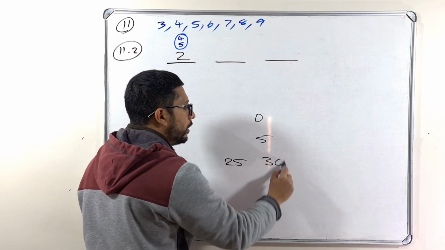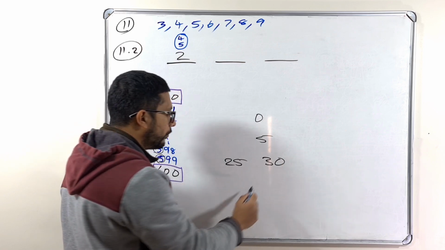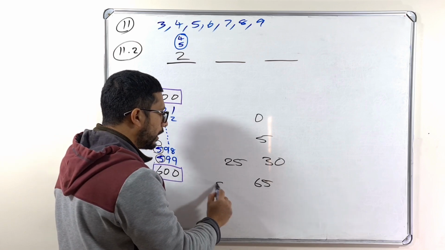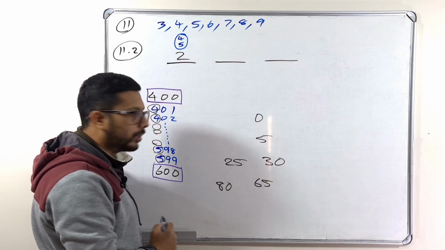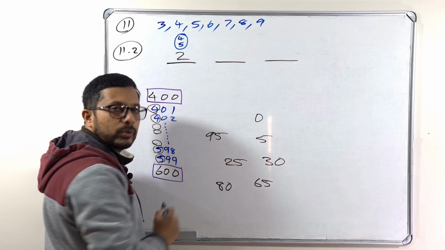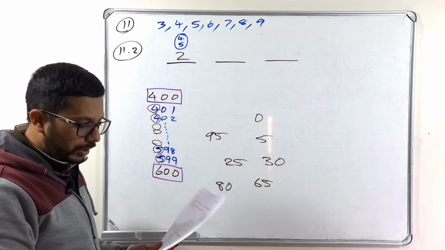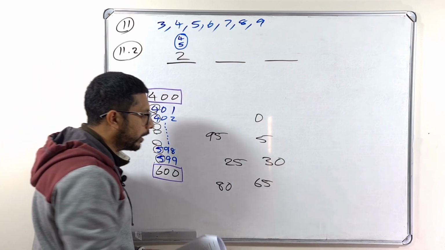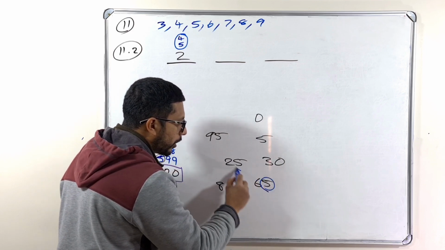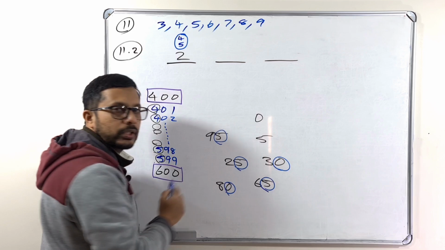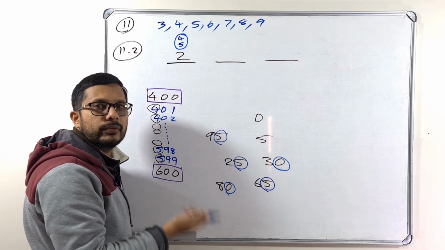If it is 30, 65, 80, 95, all are divisible by 5. What you can see there is that if a number is divisible by 5, either the last digit is 5 or the last digit is 0. Then only the number is divisible by 5.